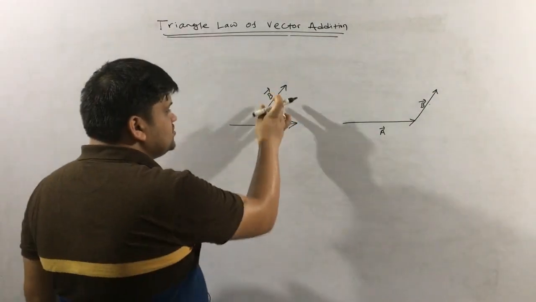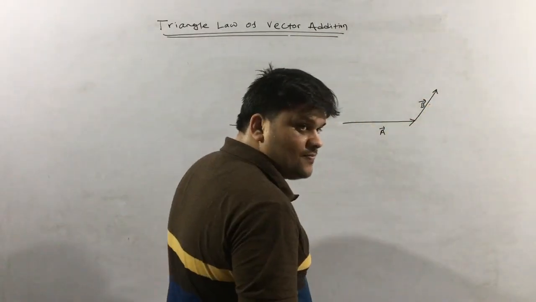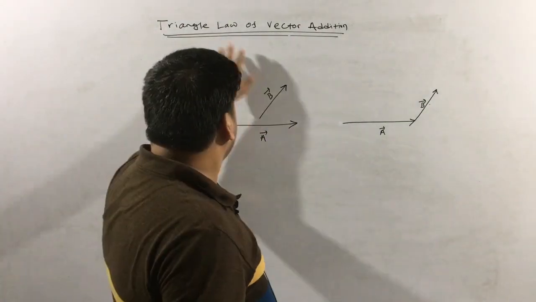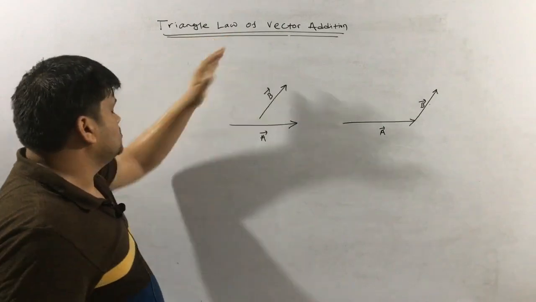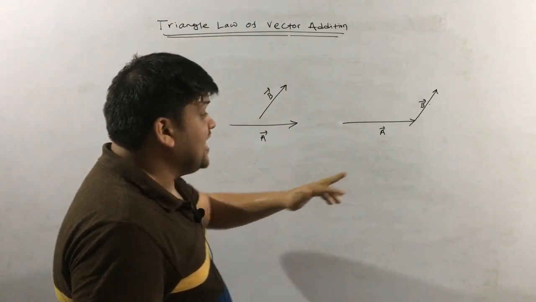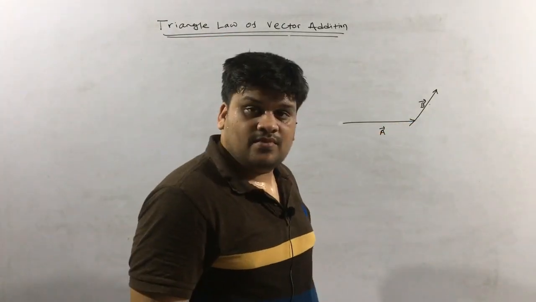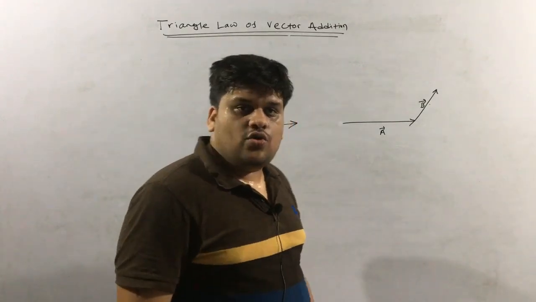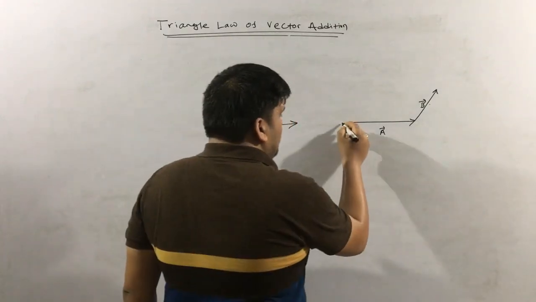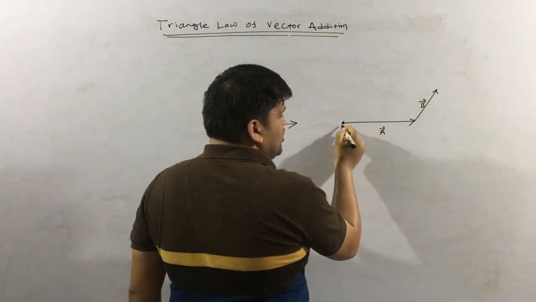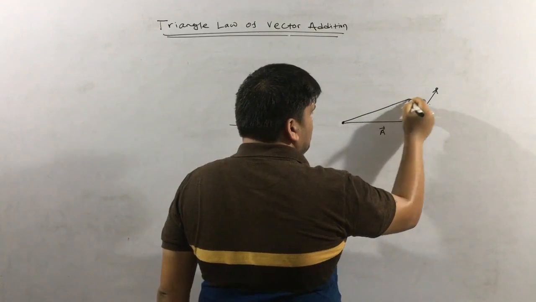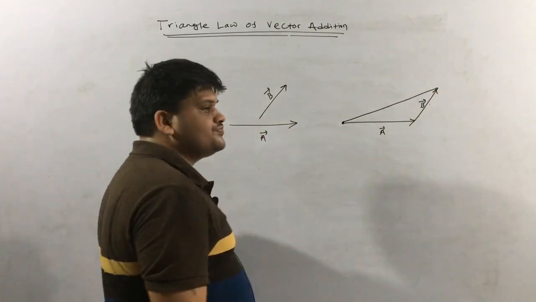Now I can say if this is B vector, this is also B vector. Then complete a triangle, as the law suggests, triangle law. So complete a triangle using these two vectors. Two lines cannot make a triangle, so we have to draw a third line. How to draw? From the first point of this vector and the last point of this vector, you just join them, and you will get the third line.